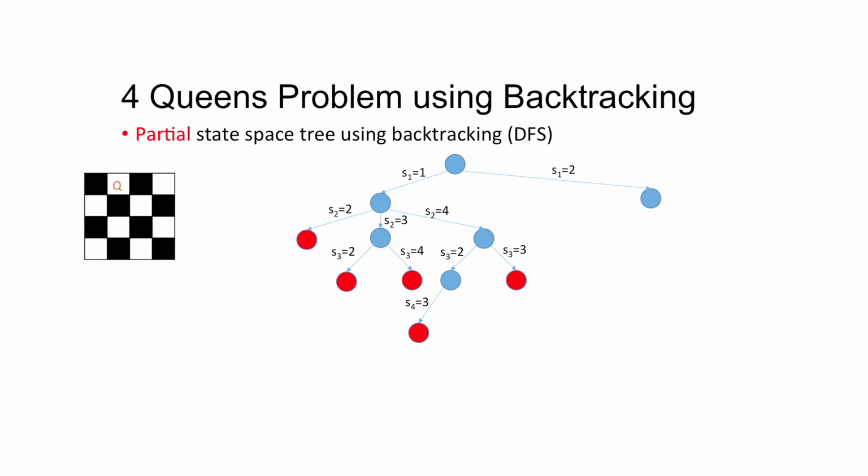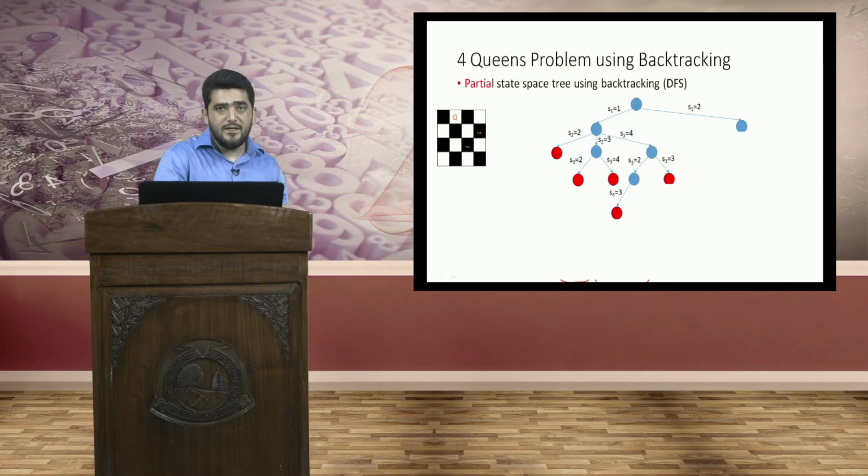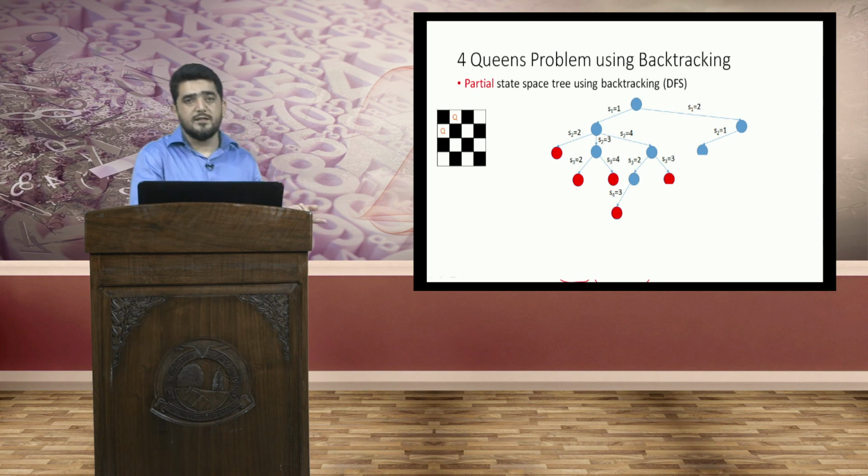So we explore the possibility that we place queen number 1 in column number 2, and then try to find a solution. For the second queen, in the second row, the first column that is free is the first one and we place the second queen there.